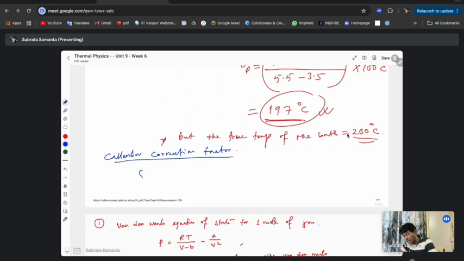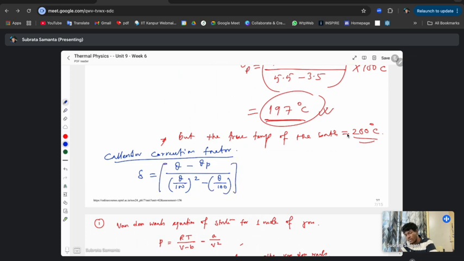So this is delta. What is the formula for delta? Delta is theta, the true temperature, minus theta p, the calculated value, over (theta over 100) squared minus (theta over 100).